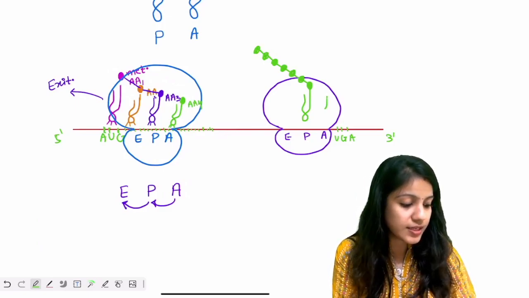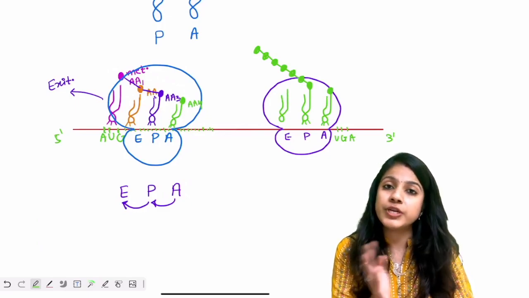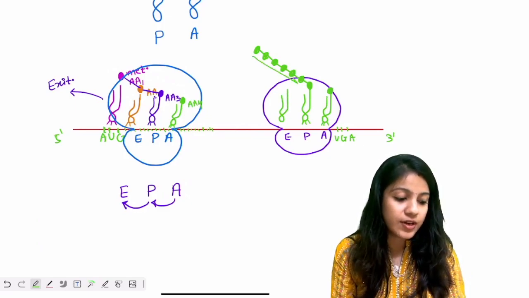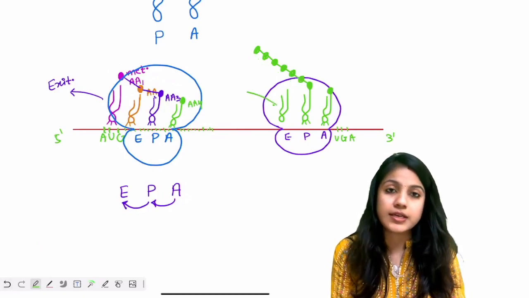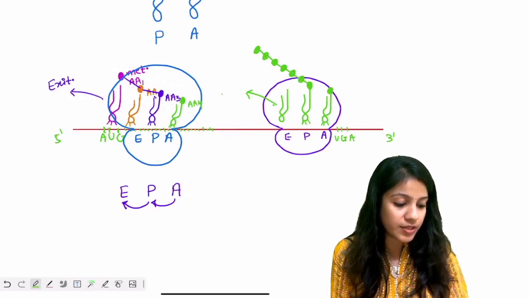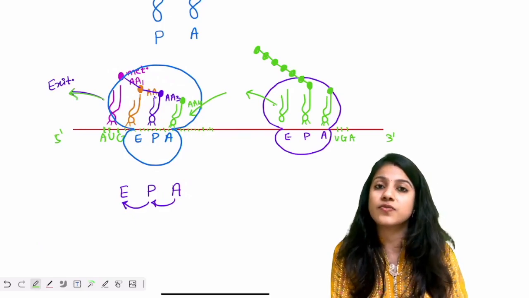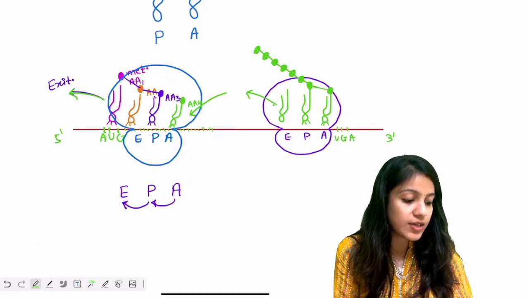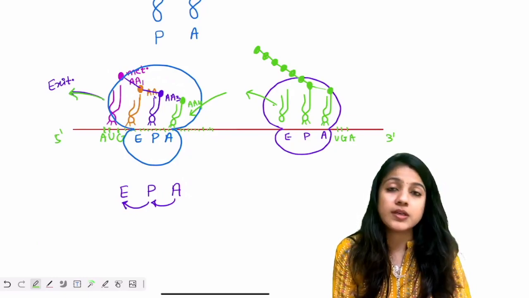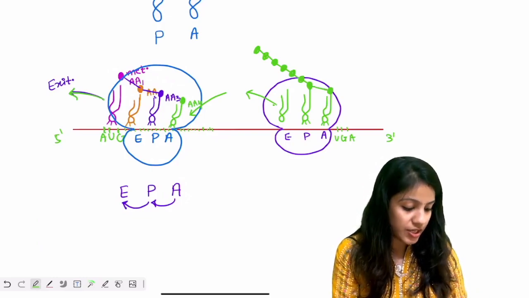So here the last tRNA will come and bring this amino acid. Here, of course, the tRNA which donated this whole chain of amino acids to the newly coming tRNA will take an exit. So every time, from here there was an incoming tRNA, and from here there was an exit of the tRNA. Since now this is the last position, the last amino acid will get combined with the previously present tRNA, and this chain will be completed.